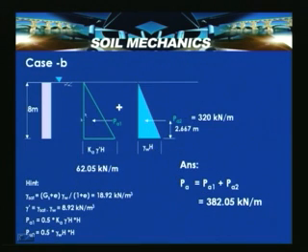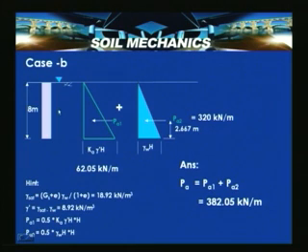Similarly, in case B, the water surface is at the ground surface, at the top of the wall. So this is Ka gamma dash H, because of the submerged unit weight, which you actually obtain using this relation. Then we calculate the water pressure. You can see the tremendous amount of water pressure which acts on the wall.